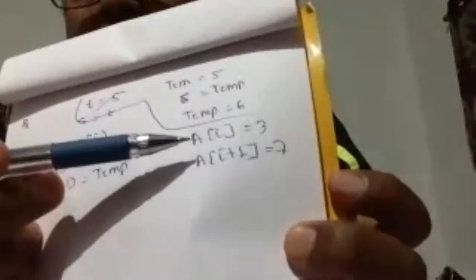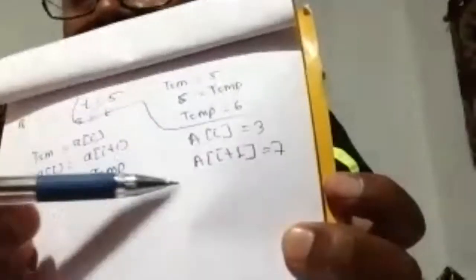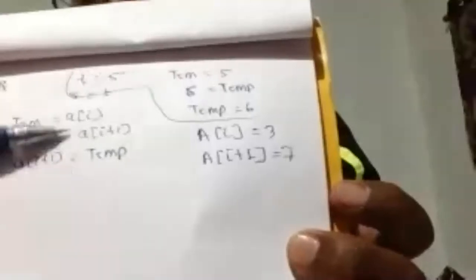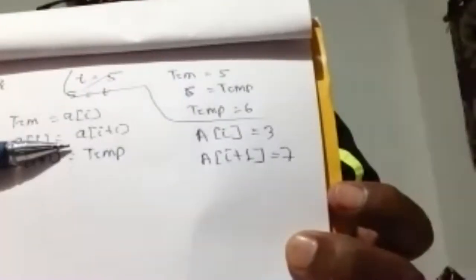Here, from the example, you see AI equal to 3 and AI plus 1 equal to 7. Now, by going through this, I can interchange it. So what is there?